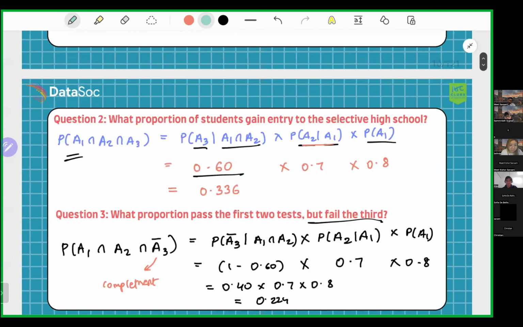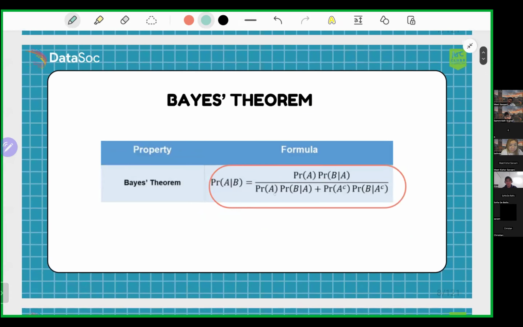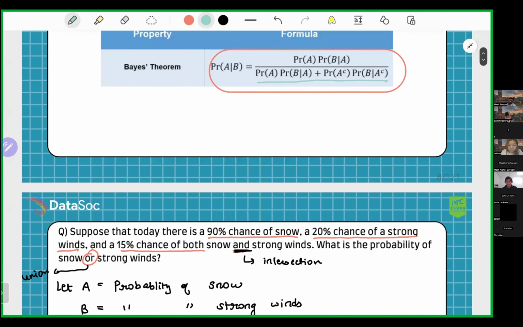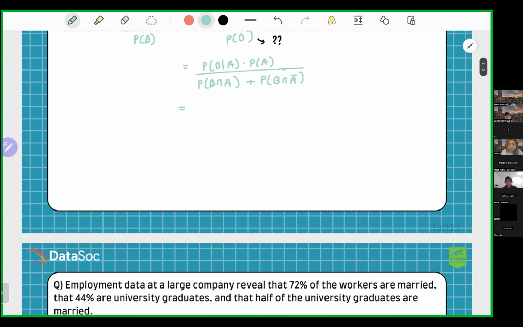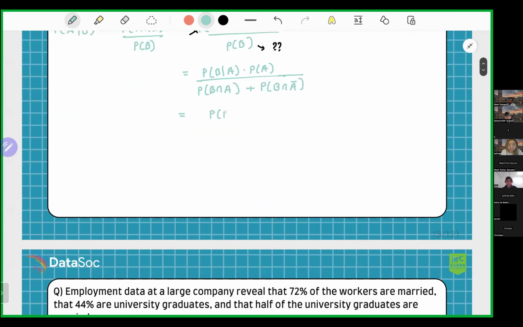So we'll further break this down using this particular set of operations. That's probability of B given A into probability of A upon probability of B given A into probability of A plus probability of B given A complement into probability of A complement.